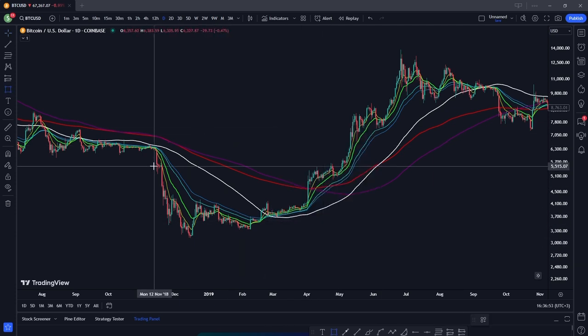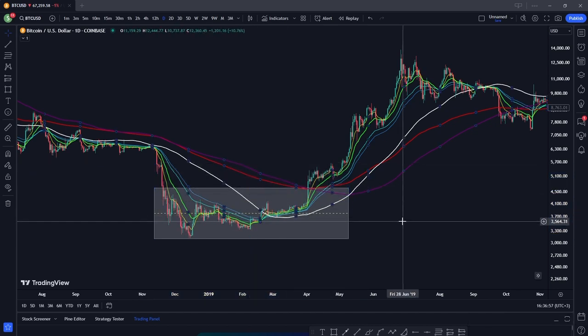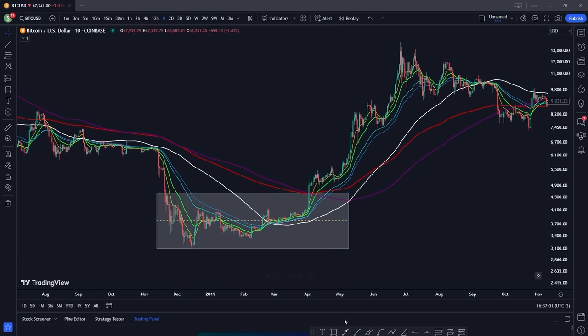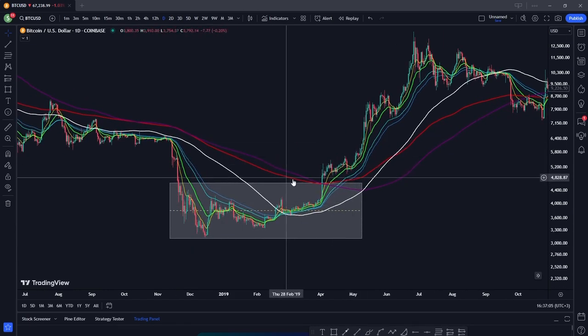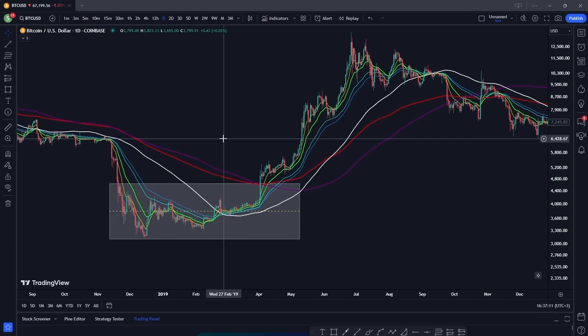You can see that when we are here in this consolidation box, the moving averages are very close to each other. The white acting as a support, and the red coming on top, and either the 9 EMA or 20 EMA, whatever, they are all very close to each other.